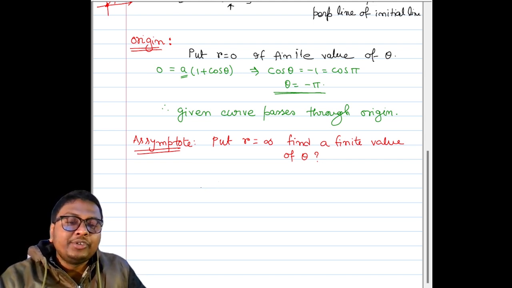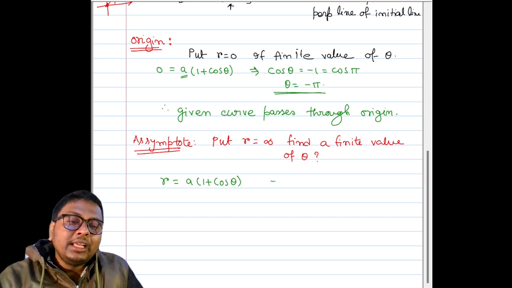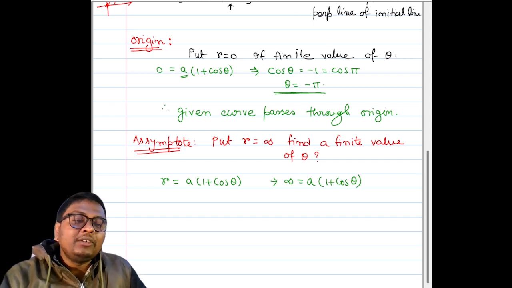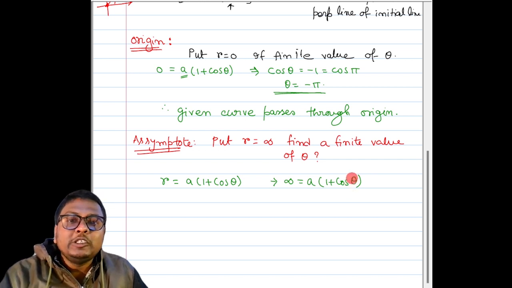then you can say that your curve has no asymptotes. Now just see, this is your curve r equals a into 1 plus cos theta. Now I am putting r equals infinity, so infinity equals a into 1 plus cos theta. Now we all know that the value of cos theta always lies between minus 1 and plus 1.